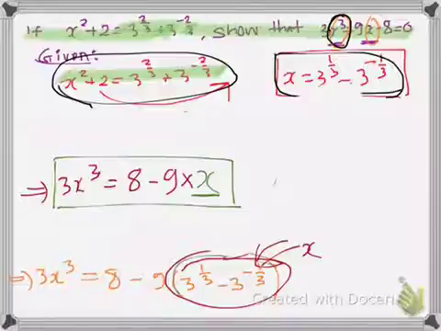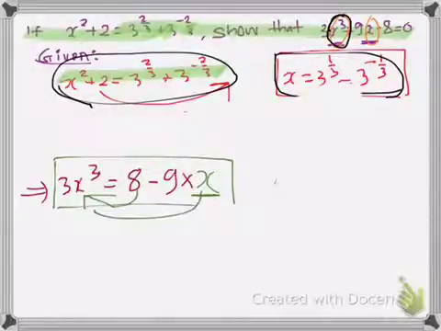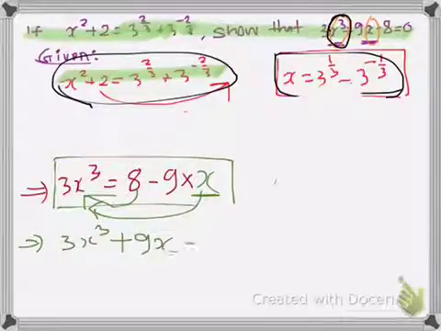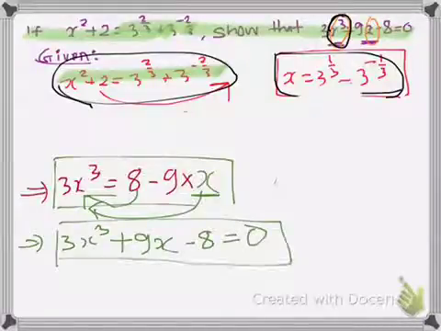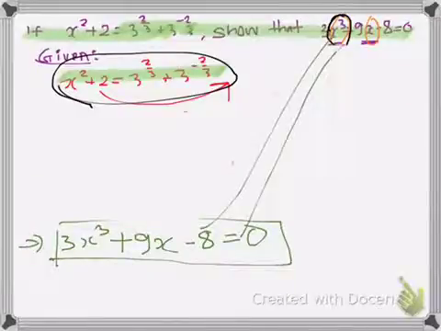These two terms have been replaced by the single term x. Now let us take these two terms, 8 and negative 9x, to the other side. So this gives 3x cubed plus 9x minus 8 is equal to 0. This is what we have to prove according to our question.